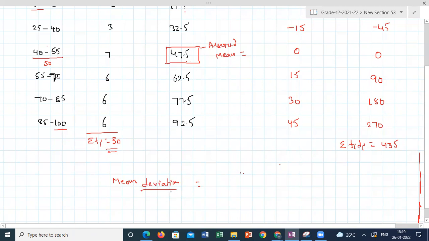Deviation means how much it is different from the assumed mean, and the average of all the deviations is sigma Fi Di by sigma Fi. So 435 divided by 30 will give the value.